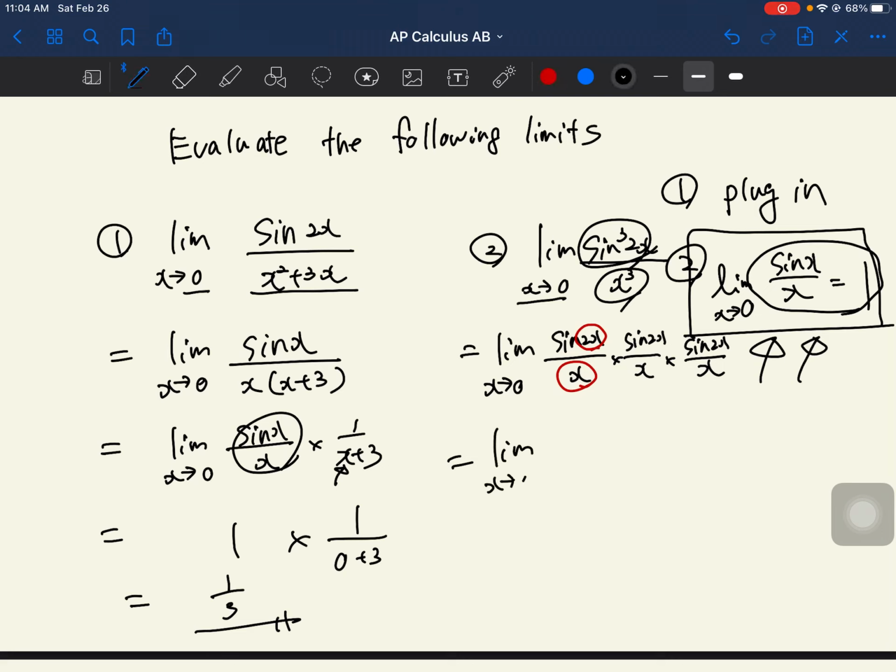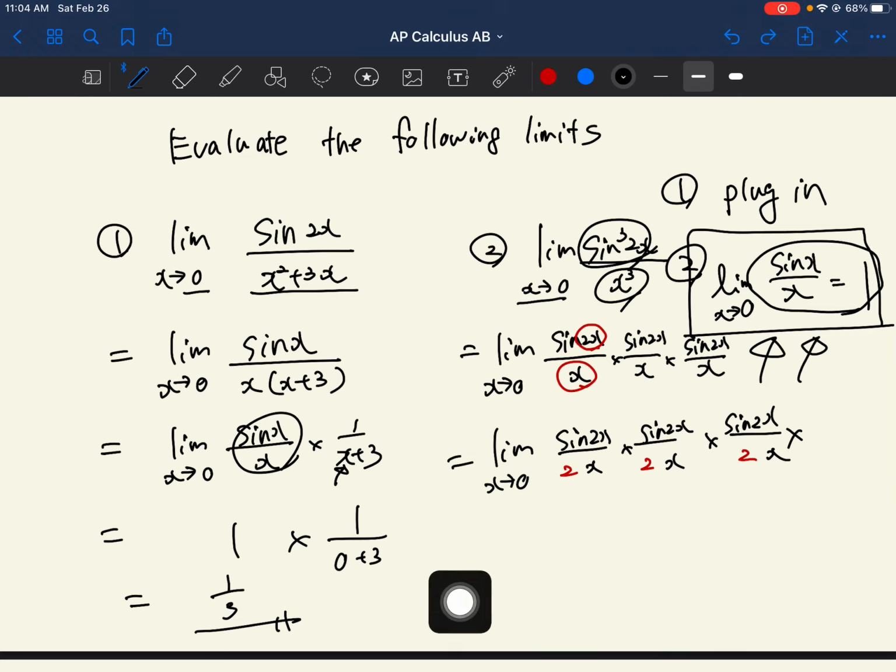Let me see. It has to be like this, oops, sorry. But you can't simply just add 2 here. This means you multiplied by 1 over 2. So it has to be cancelled out. So you have to multiply by 2 squared as well. You know what I mean?